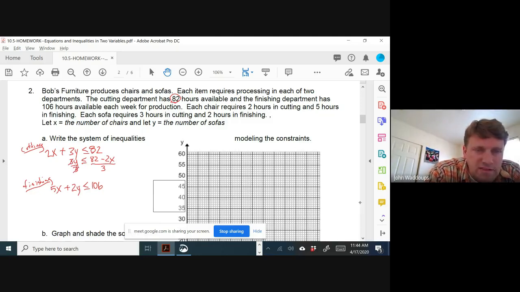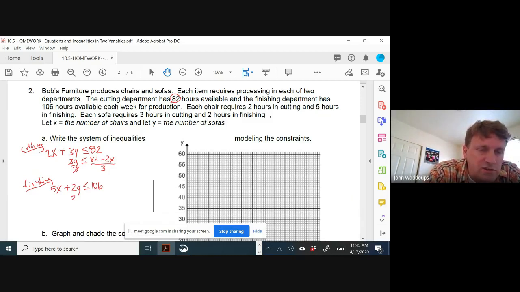So y then is less than or equal to (82 minus 2x) divided by 3. Now, neither 82 nor 3 are evenly divisible by 3, and so I'm going to leave them like that and put that in my graphing calculator or graph them like that.